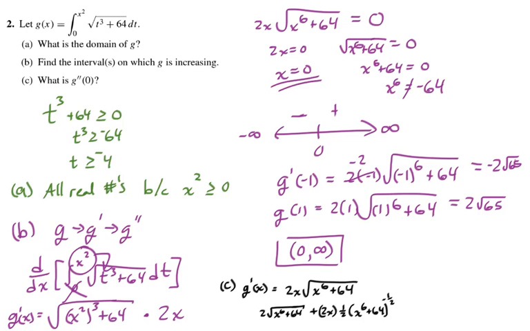That's because I changed that square root into a 1/2 power. I dropped the 1/2 and then took 1 away from the 1/2. Next I'm going to multiply this by the derivative of the inside, and that's going to be 6x to the 5th power. Alright, so there is the second derivative.